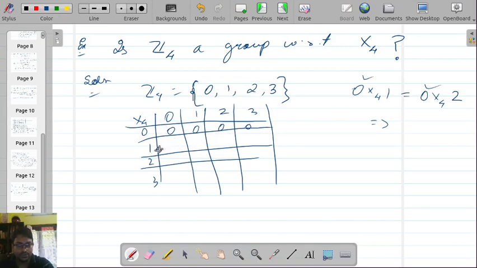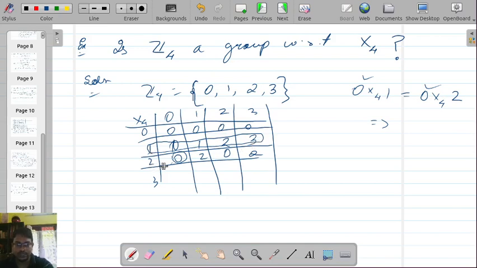One more thing you can see: if you just multiply, 1 into 0 is 0, 1 into 1 is 1, 1 into 2 is 2, 1 into 3 is 3, 2 into 0 is again 0, 2 into 1 is 2, 2 into 2 is 4, which is 0, 2 into 3 is 6, which is 2. So here 2 into 0 is also 0. And 1 is an element which satisfies the identity criteria: 1 multiplied with any other element gives the element itself.